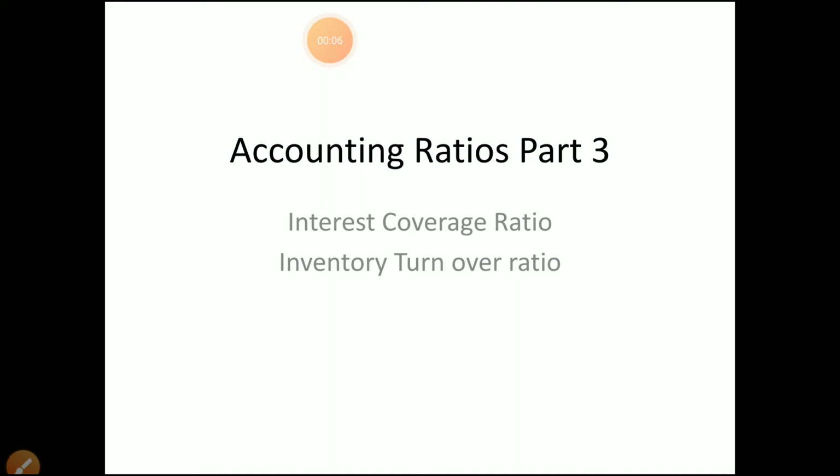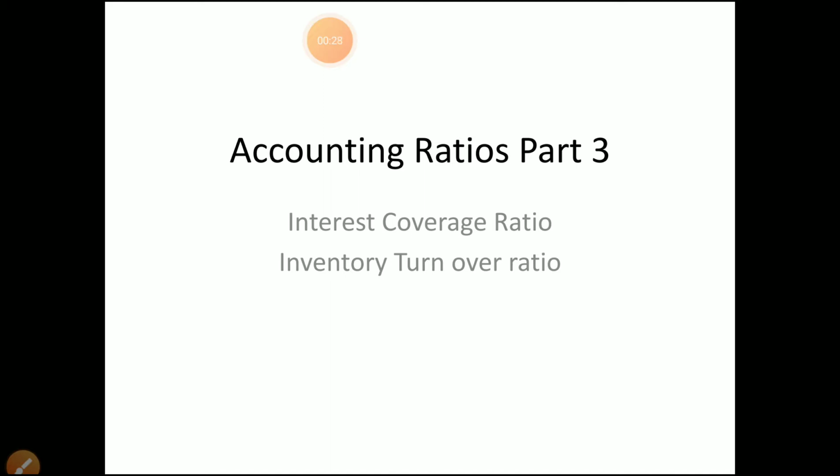Already we started the chapter accounting ratios. Today also we'll continue with the sum of the ratios. So once again, I tell you there are four classifications of ratios: liquidity ratios, solvency ratios, activity or turnover ratios, then profitability ratios. Liquidity ratio is the first classification.